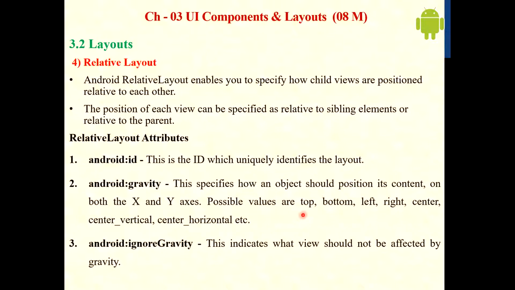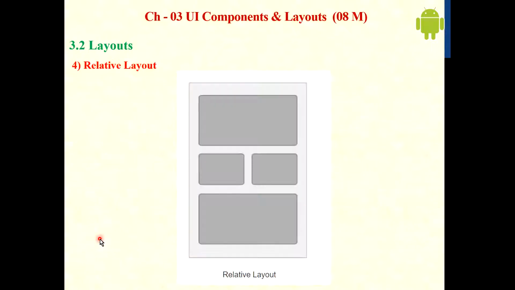Possible values are top, bottom, left, right, center_vertical and center_horizontal. So these are the possible values of this attribute. Next one, android:ignoreGravity. This indicates what view should not be affected by the gravity. So these are some attributes of relative layout.